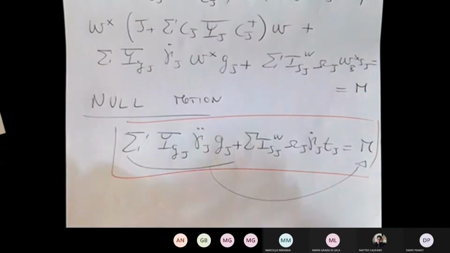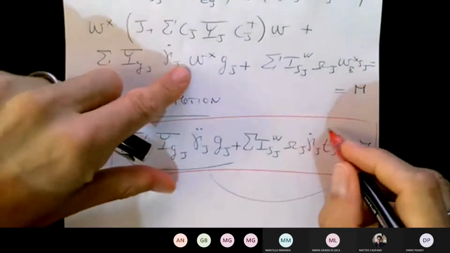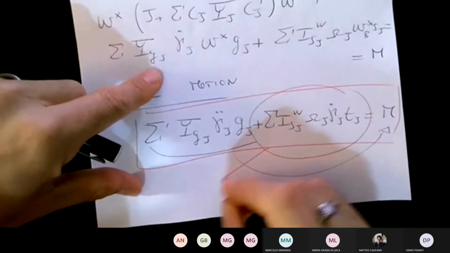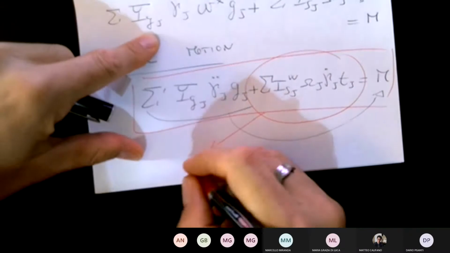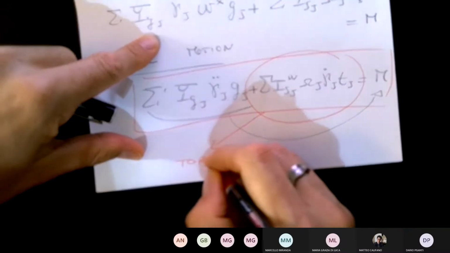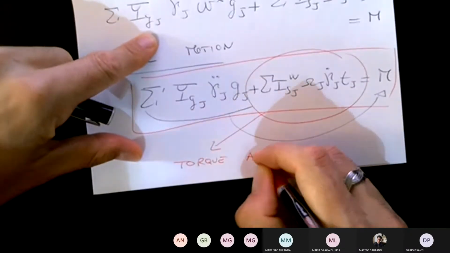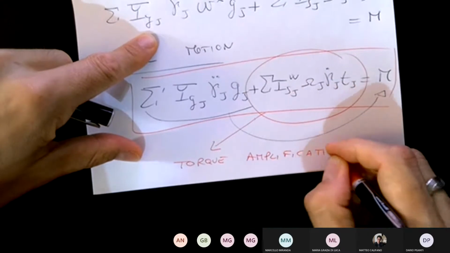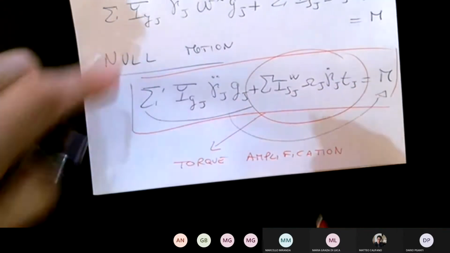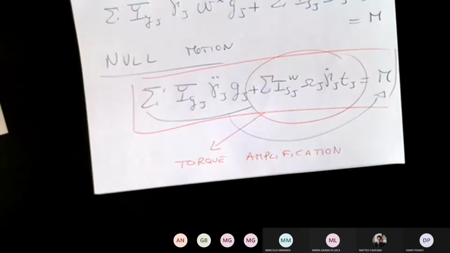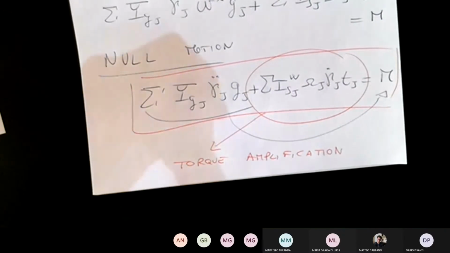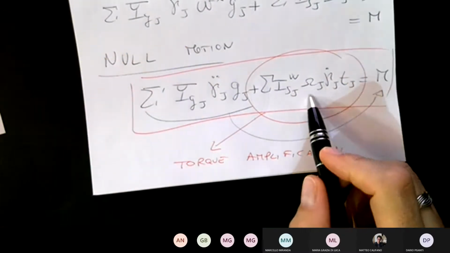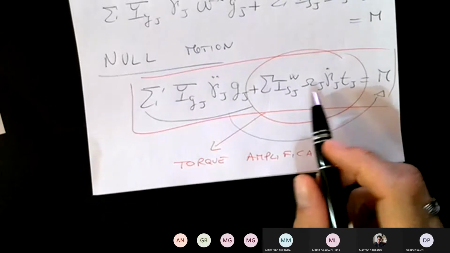So basically, it's like that term didn't exist. The one that is really important is this one, because this term shows what is called the torque amplification. Think about what's happening. You have your wheel spinning at a fixed rate, 500 RPM, whatever it is.